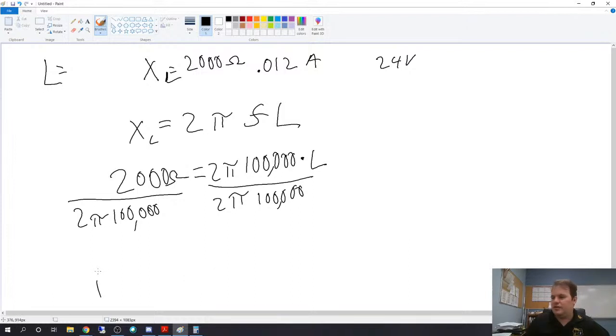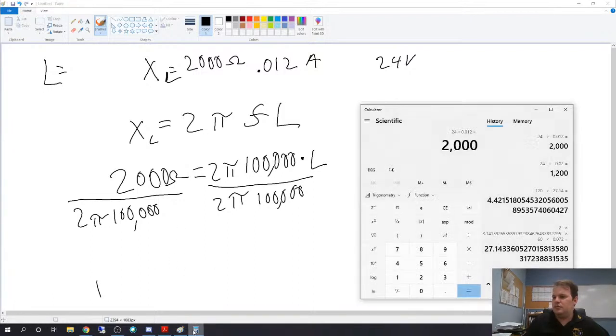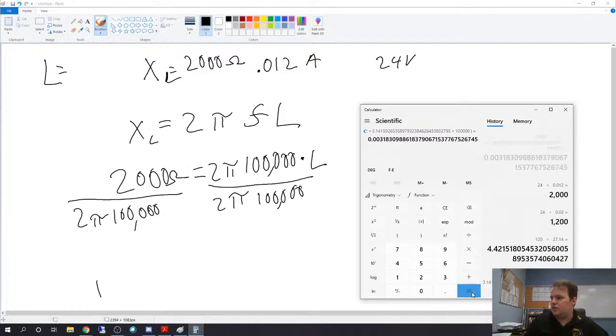We'll do it the long way. So, clear. 2,000 divided by, open parentheses, 2 times pi times 100,000, close parentheses, equals 0.00318.